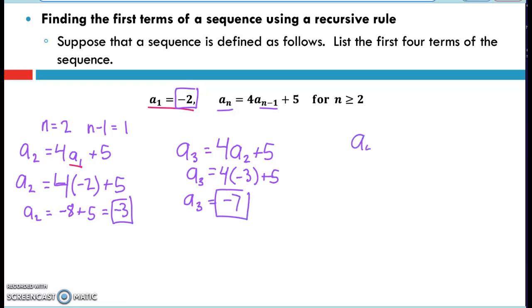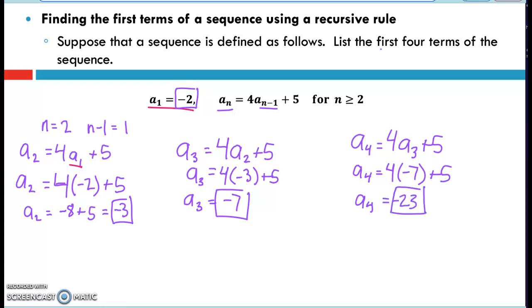And then our fourth term is equal to 4 times our previous term, a sub 3, plus 5. A sub 4 equals 4 times negative 7 plus 5, so our fourth term is equal to negative 23.